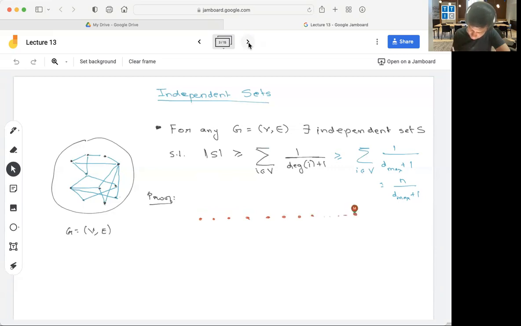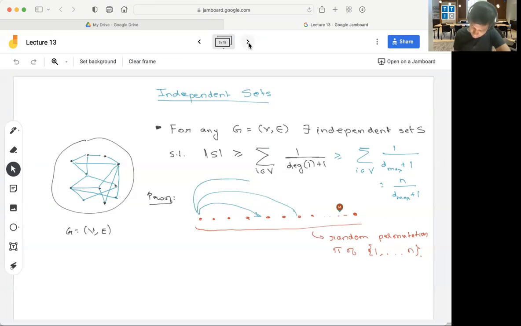Okay. And now let's do what we were doing before. Let's look at some vertex, look at its neighbors and rule them out. Its neighbors might not be next to it in the order. They might be somewhere in this. Okay.